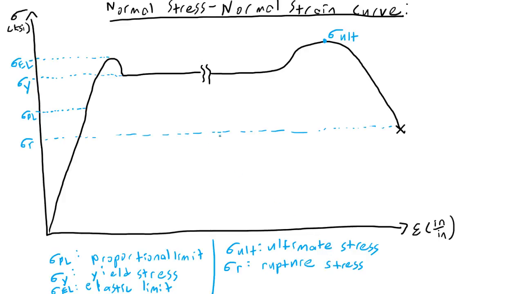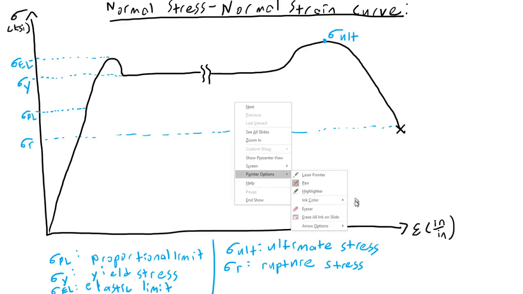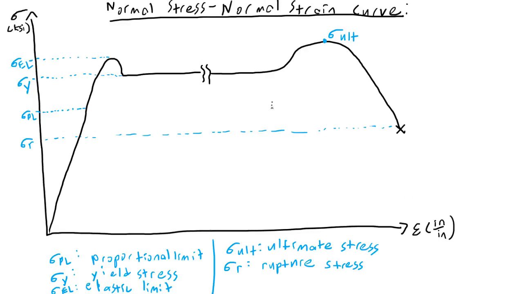Let's see. What else do we need to consider? Now, let me label some things in some zones in purple. First of all, we have two broad regions of the graph. The elastic and the inelastic.